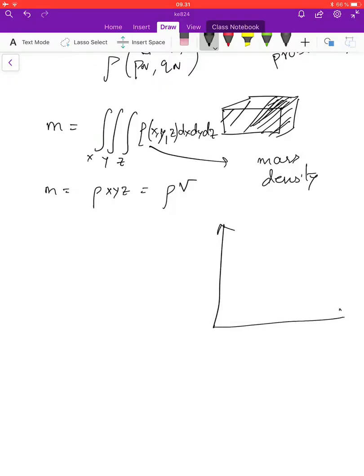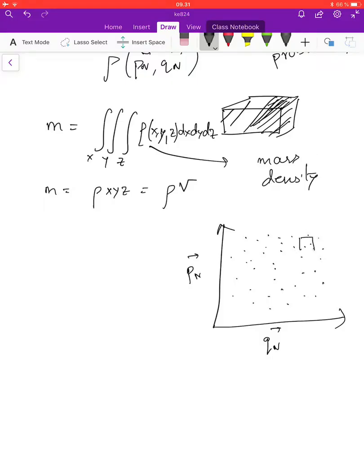Let's try to depict my phase space in two dimensions. This is my 6N dimensional phase space. On one axis I have all the momenta for all N particles, and on the other axis I have all the positions. Each point in this two-dimensional plot is a point in phase space, so a collection of the momenta and positions of all the particles of the system.